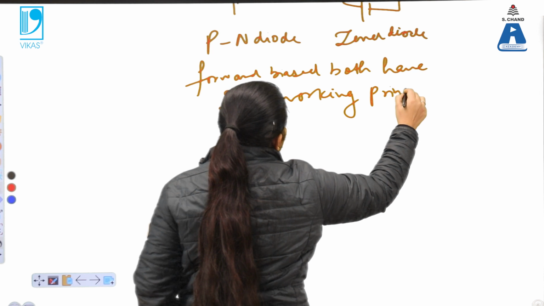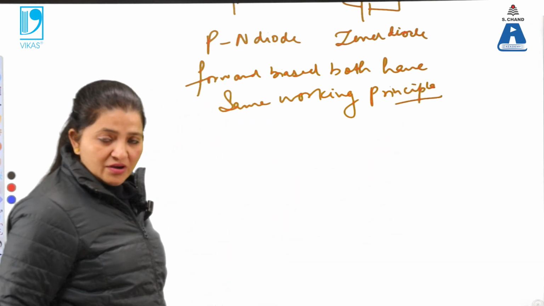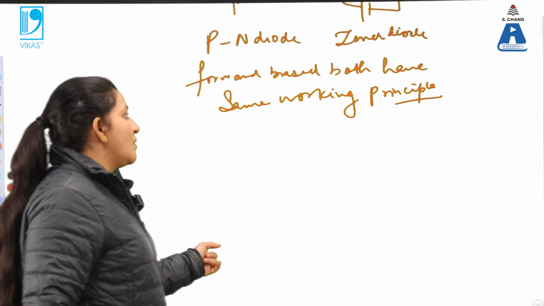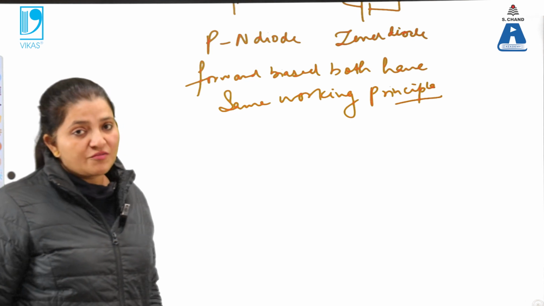Only the value of the current is different. So both work on the same principle when they are forward biased.